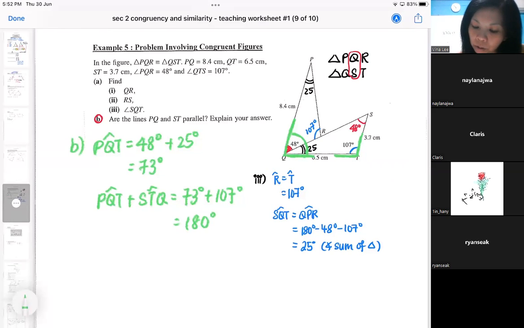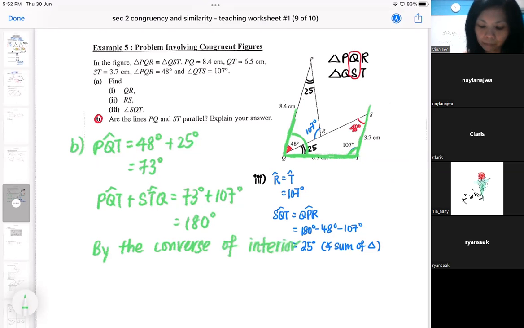So this should somewhat look matching. Do you realize it looks matching as an interior angle? Can you see it looks like an interior angle, even though you never assumed that they are interior angles. So this is the time where you say by the converse of interior angle, these two are parallel.